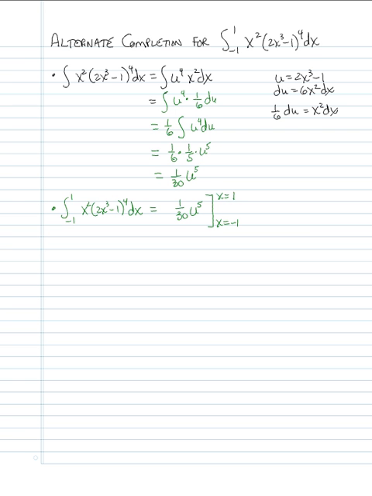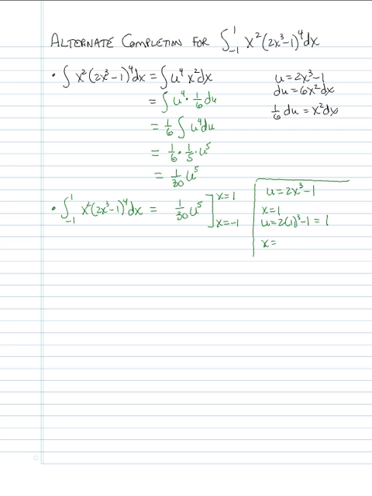But remember that u is equal to 2x cubed minus 1. So if x is equal to, for instance, a positive 1, then u would be equal to 2 times 1 cubed minus 1, which would be 2 minus 1, or 1. If x is 1, then u is 1.